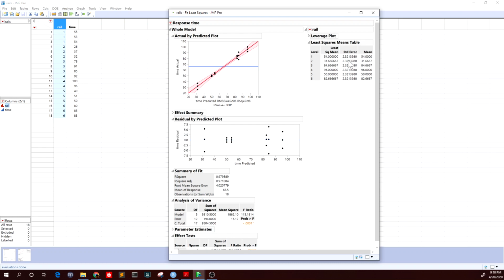And there is also the standard error of the mean. So the standard error of the mean is actually just the pooled sample standard deviation divided by the square root of ni.